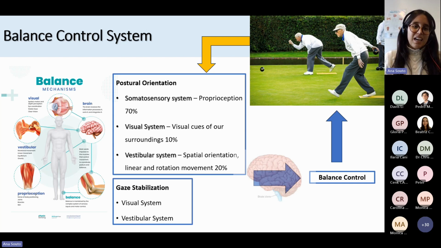So we know that balance control is achieved through the interaction and integration of several sensory systems. We have the visual system and the vestibular system that make it possible to stabilize our gaze, and interconnected with the somatosensory system and our motor system, we can achieve postural orientation and postural stabilization.